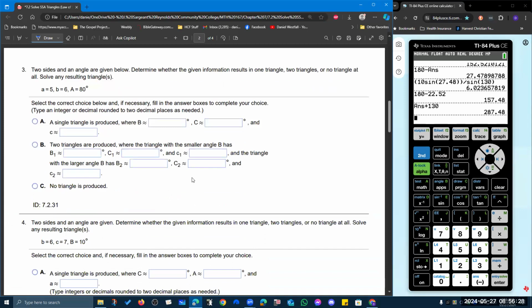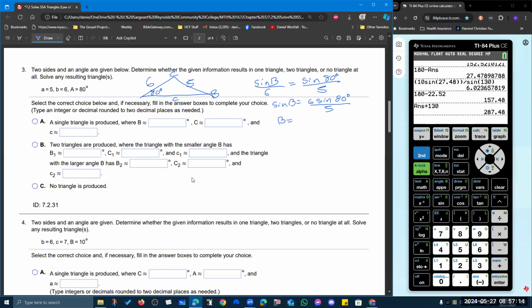Let's look at the next problem here, where we have angle A is 80 degrees and side A is 5 and side B is 6, and that makes this angle B and this angle C and this side C. So let's go ahead and solve for angle B. Sine of angle B is to side B as sine of angle A is to side A. So sine of angle B equals 6 sine of 80 degrees over 5.